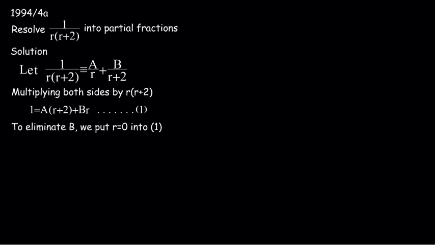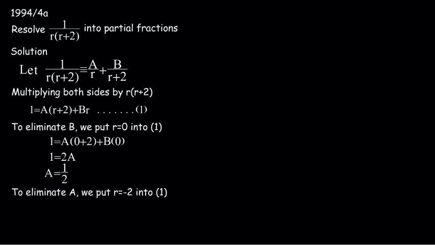Substituting x for 0 in equation 1, it becomes 1 equals a in bracket 0 plus 2 plus b in bracket 0. The b part of our equation will cancel out because b times 0 is equal to 0. So we are left with 1 equals 2a. Dividing both sides by 2, a will be equal to 1 over 2.